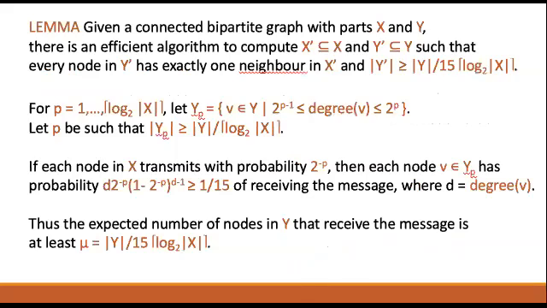If each node in X transmits with probability 1/2^p, then each node in Y_p has probability at least 1/15 of receiving the message. Suppose p is chosen so that Y_p is the largest of these sets. By the pigeonhole principle, the number of elements it contains is at least 1 over the number of different choices for p. Then the expected number of nodes in Y_p, and hence Y, that receive the message is at least mu, where mu is this quantity.